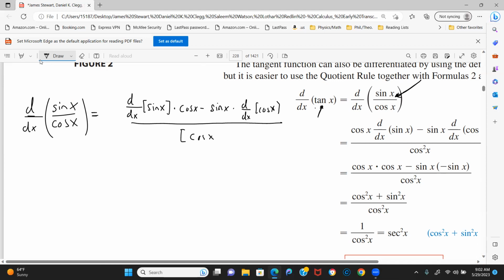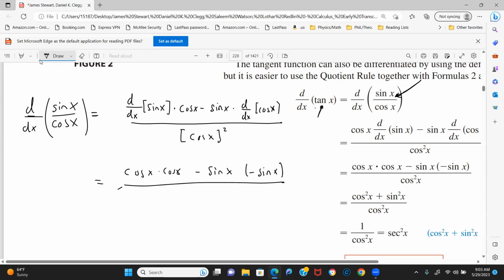So cosine of x squared. The derivative of sine x, we remember, is cosine x. So it's cosine x times cosine x minus sine x, and then we determined that the derivative of cosine x is negative sine x.